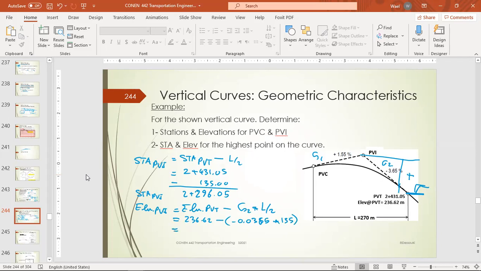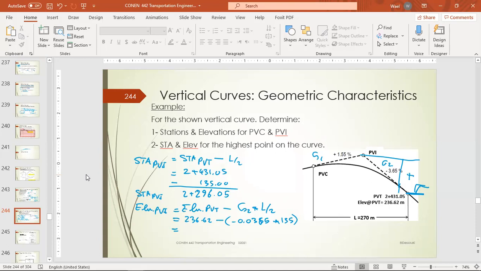So 236.62 minus minus, which means plus 0.0365 multiplied by 135.